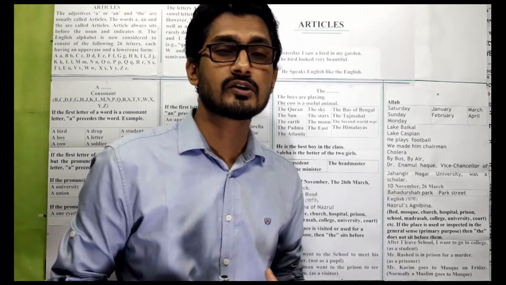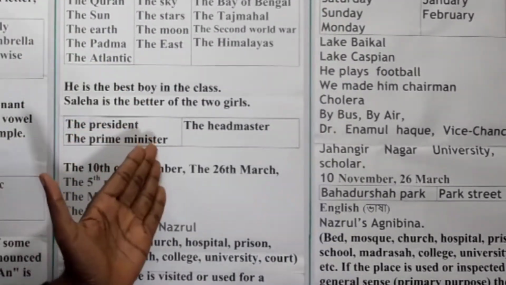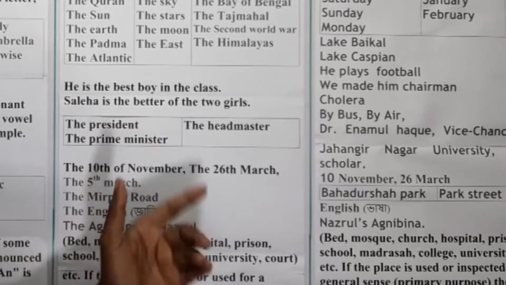The precedes the singular designation title. Example: the president, the prime minister, the headmaster. Morning, noon, afternoon, evening, night are preceded by in, but if at is used before these nouns, then the does not sit.